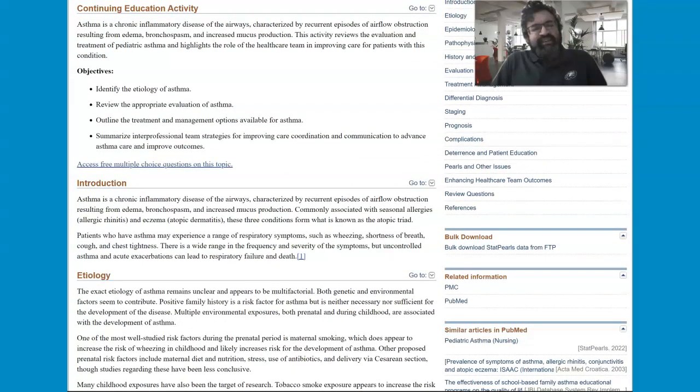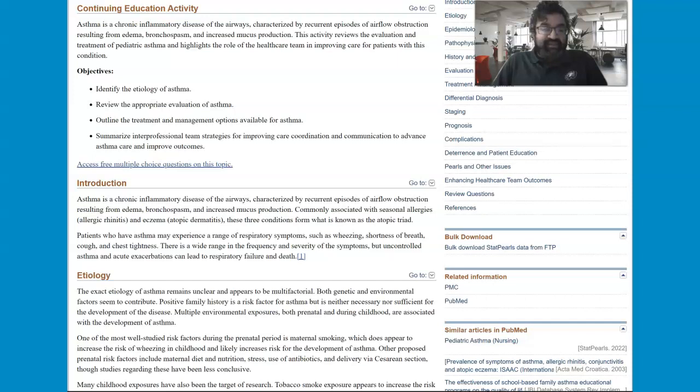As with many chronic conditions, this is a byproduct of inflammatory disease within the airways. This causes airflow to be obstructed, and there's development of not only bronchospasms, but also edema and increased mucus production.